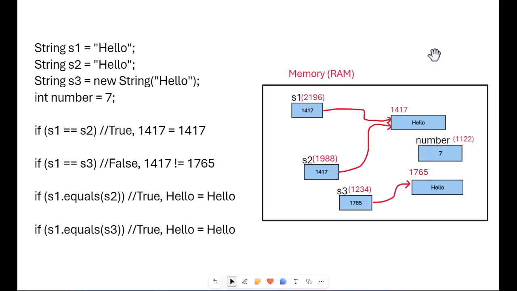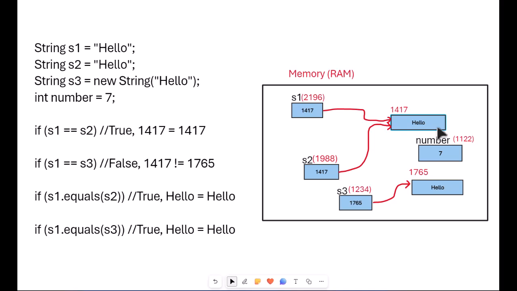This is 7. So you see, with primitive data types such as the int, you store the value directly. It's not a reference. So if you compare number to another variable, another primitive data type, it will directly compare the contents. It does not need to know where in memory the other value is located.